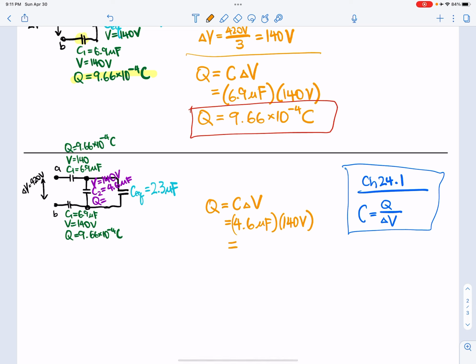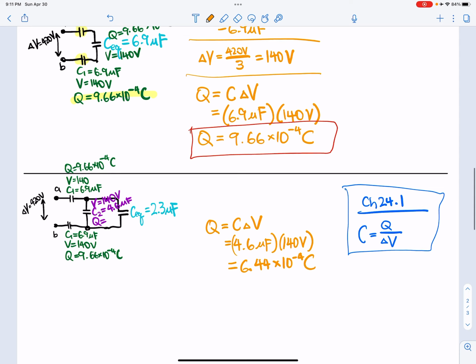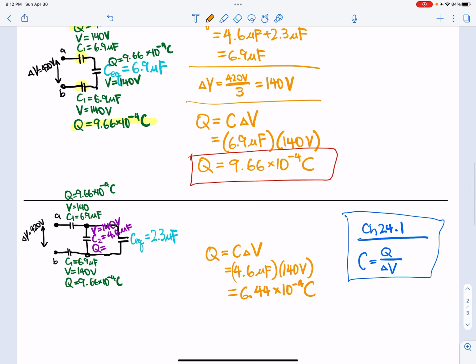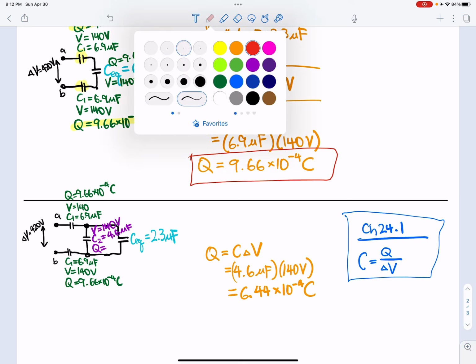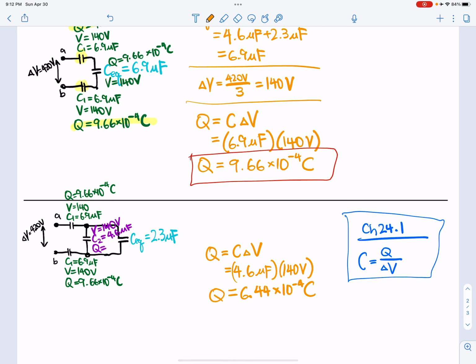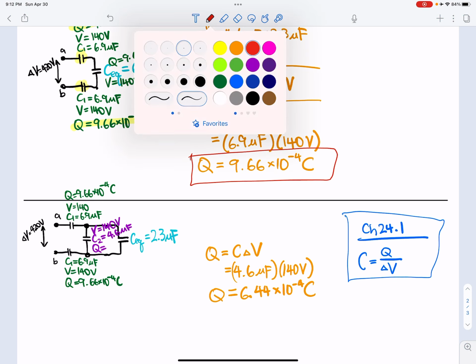And that will give me 6.44 times 10 to the negative 4 coulombs. And so that will be my other final answer for part B.